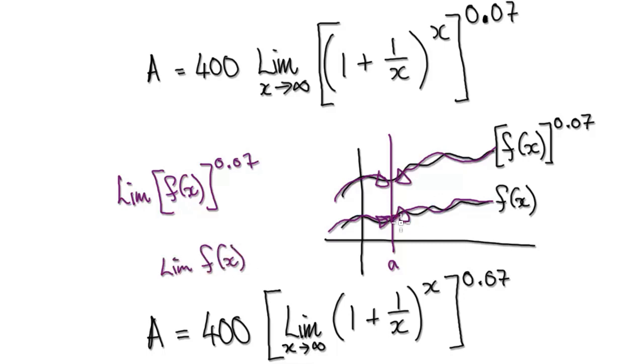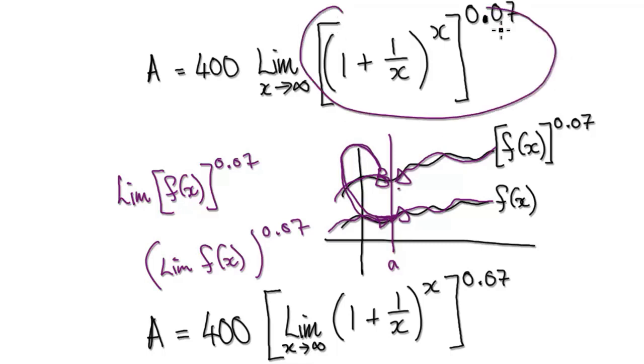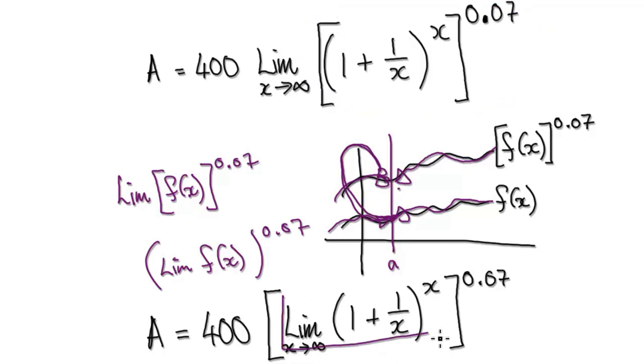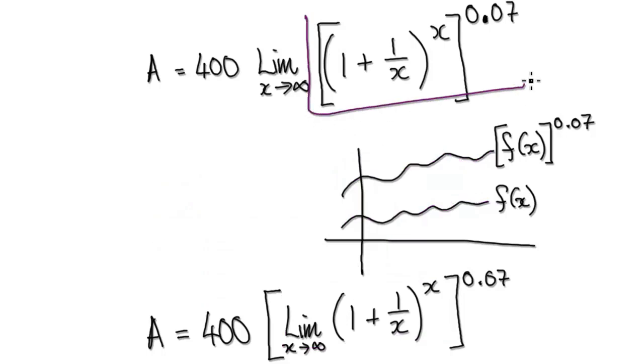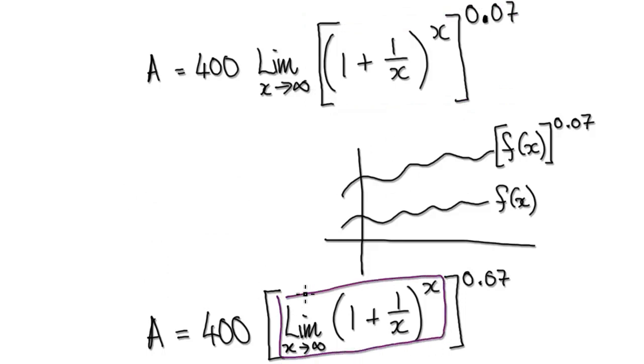Once you've got this limit, then you can just power it by 0.07. It would jump to the same place. So that's why you're able to. Here you're trying to find the limit of this whole thing. What I'm saying is find the limit of this thing first, that is the limit of f of x. Once you've got the limit of f of x, then power it. It will take you to the same place. So rather than finding the limit of this complicated thing, find the limit of the inner thing first, and once you've got that limit, then power it by 0.07.